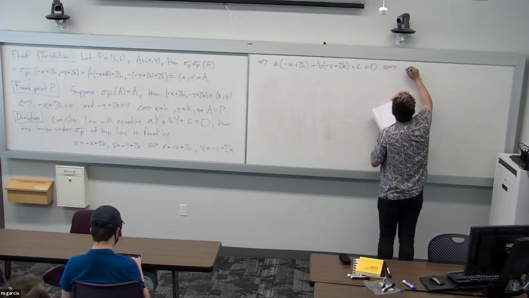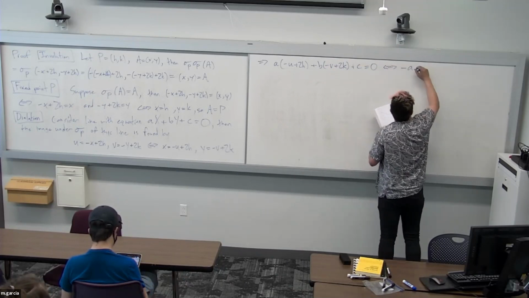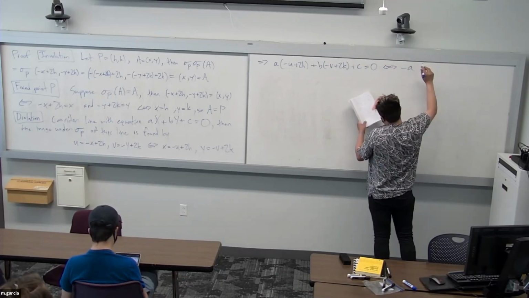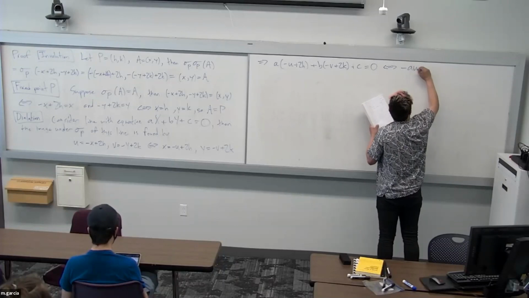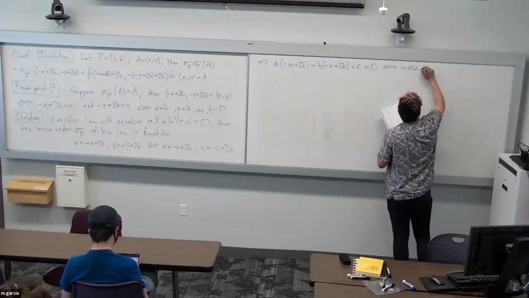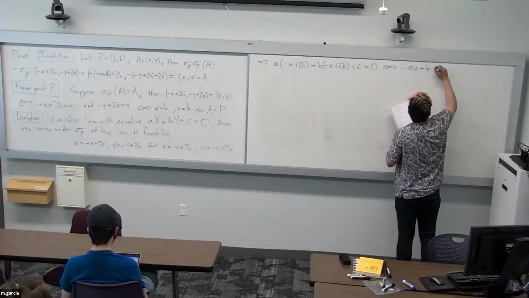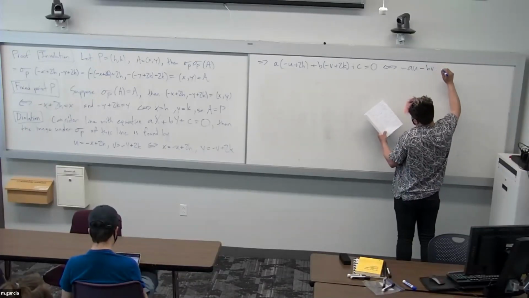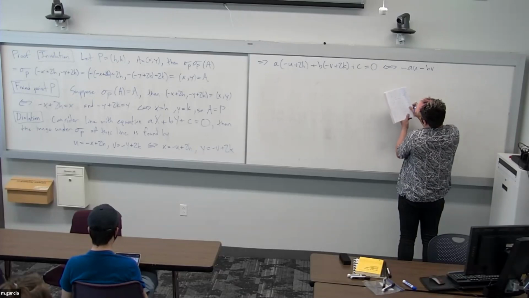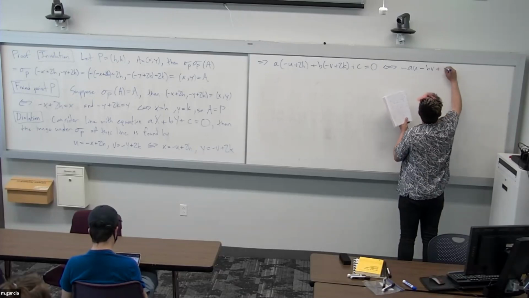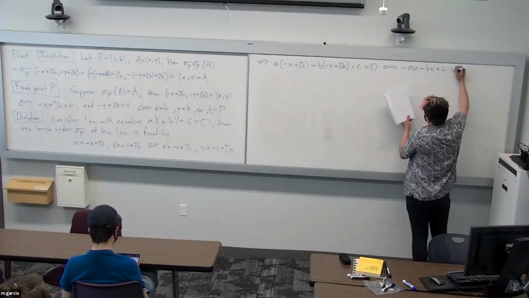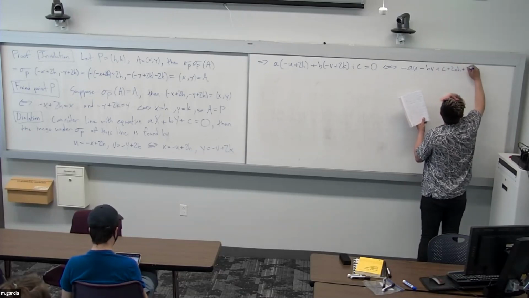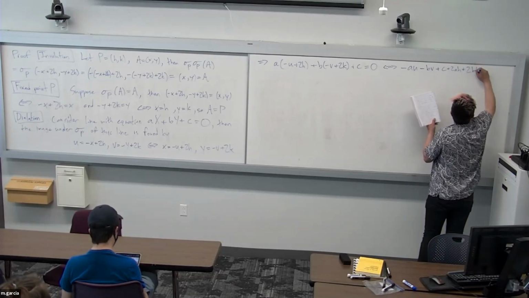We get negative AU minus BV plus C plus 2AH plus 2BK.